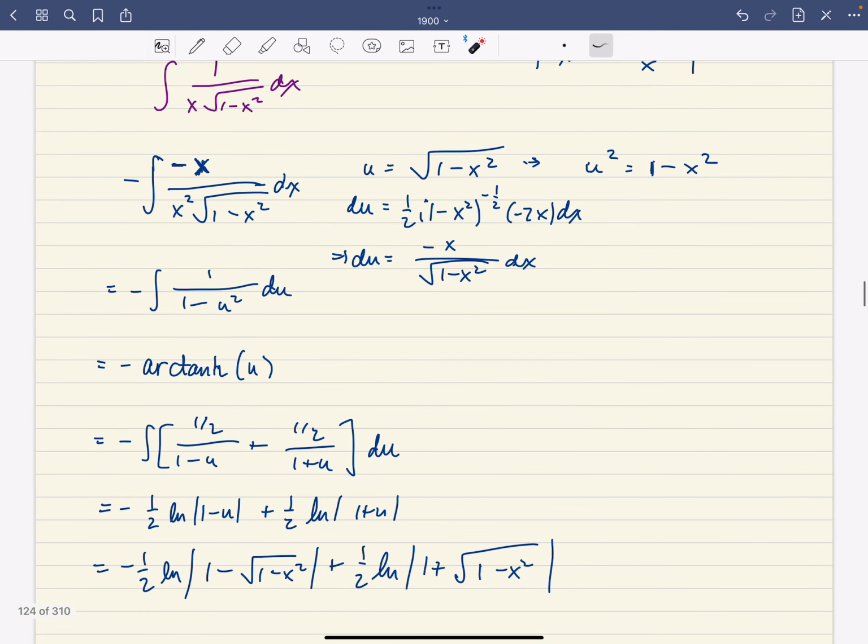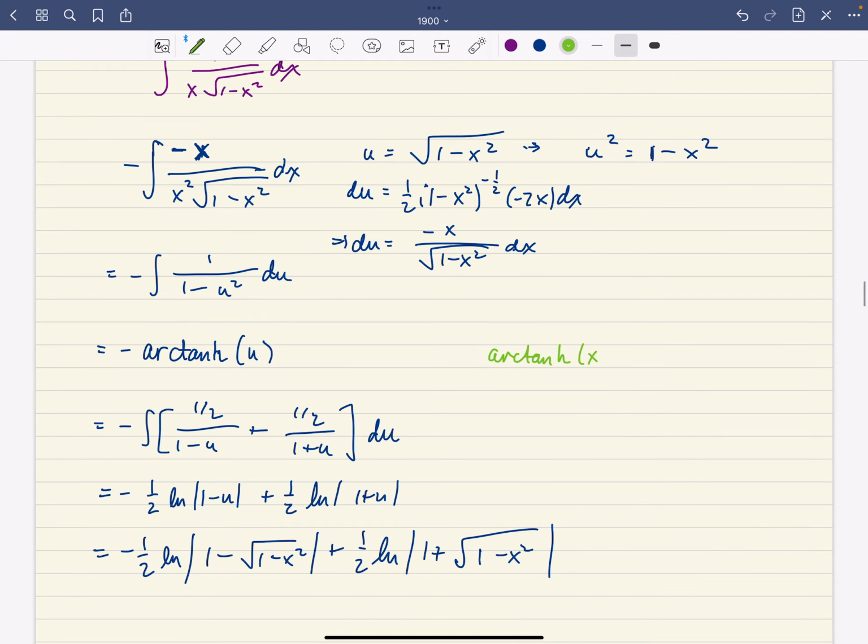It turns out that inverse hyperbolic tangent of x is equal to 1/2 natural log 1 minus x minus 1/2 natural log absolute value 1 plus x. Okay, so it turns out that that's true for all x.